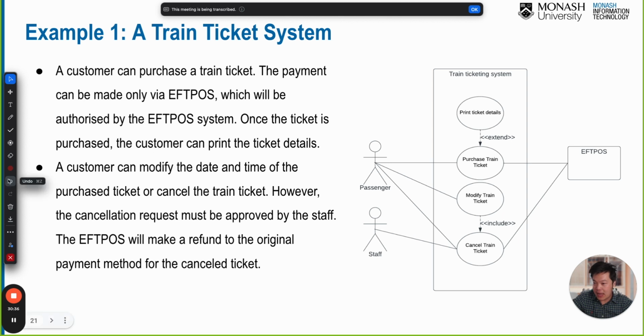The passenger has to purchase the train ticket, and they have an option whether they want to print the ticket or not. Can the passenger print the ticket by itself? No. They need to purchase the train ticket first, and then they have an option to choose whether they want to print the ticket or not. That's why we use the extend relationship here. Thank you for your question.